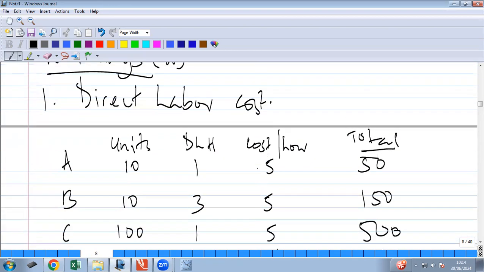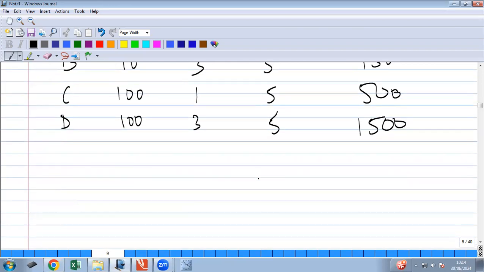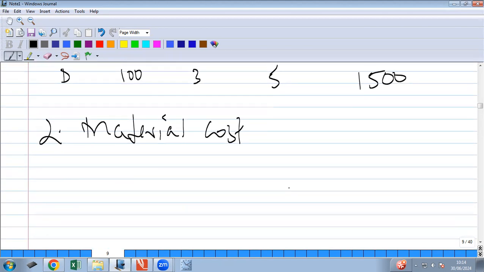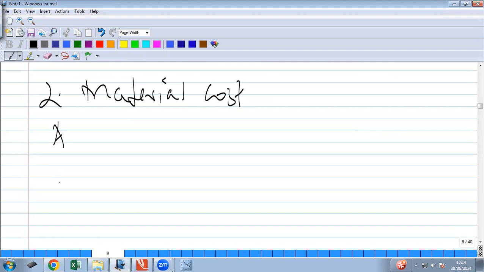Let's go to working 2. This is material cost. Have they said material cost per unit? Yes. So we are going to have products A, B, C, and D. We need the units.